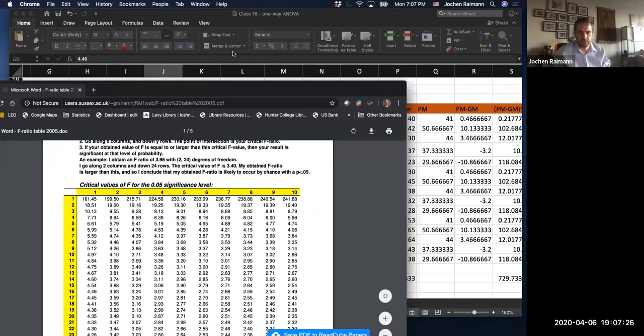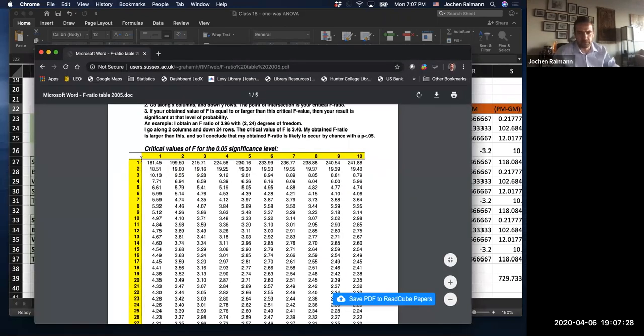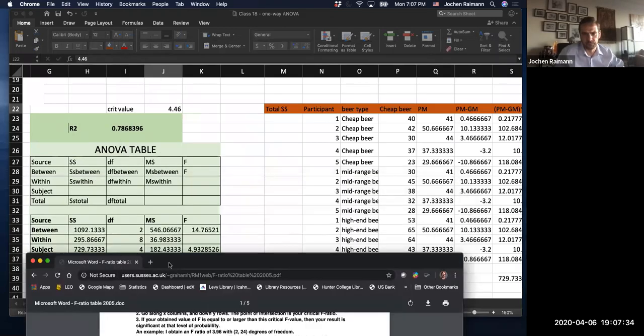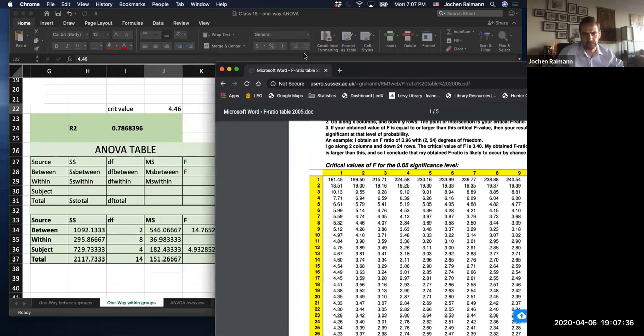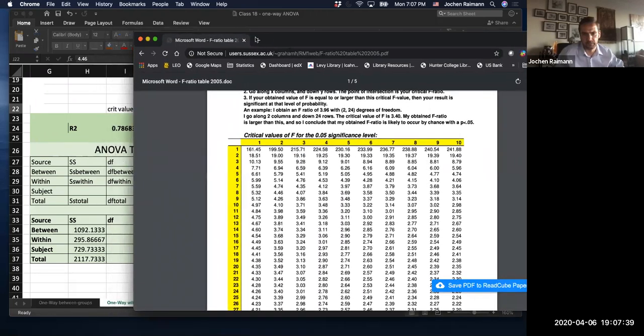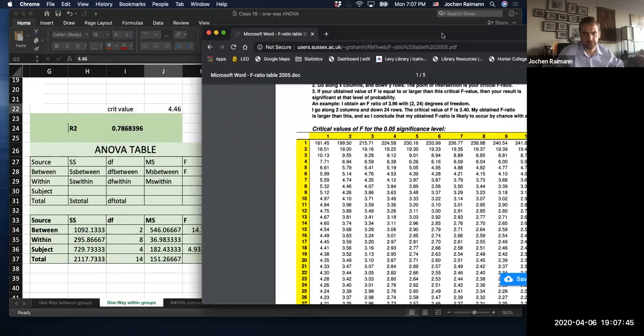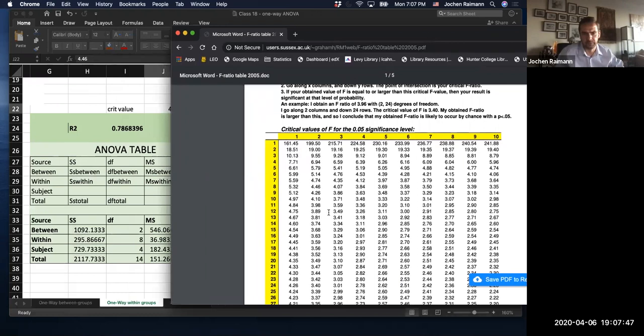Okay. So we want between groups, right? Between groups and subject. Between groups is 2. Within is 8. 2 and 8.